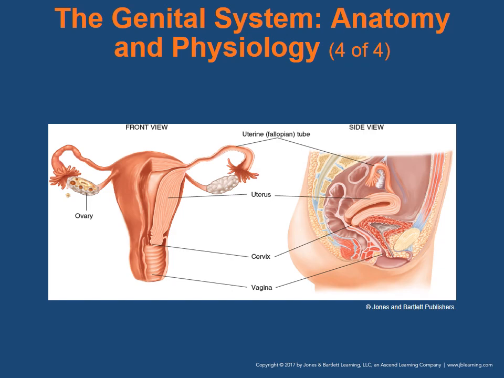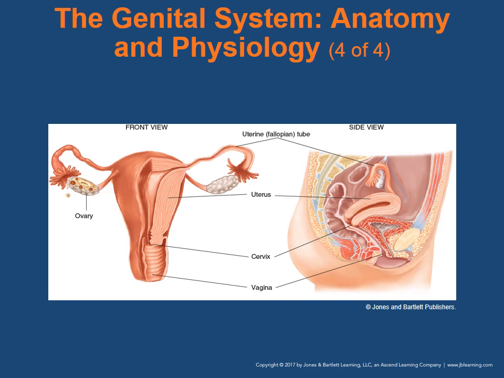The big one, and the reason why we talk about everyone of childbearing age, that's female, we need to ask them questions about their sexual activity to see if there's any chance that they could be pregnant, is because of an ectopic pregnancy.